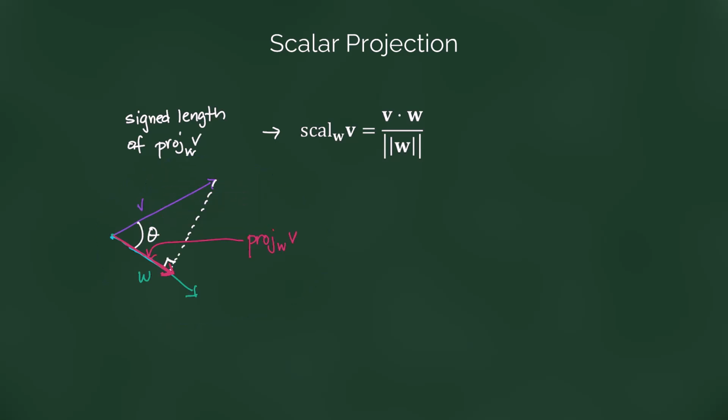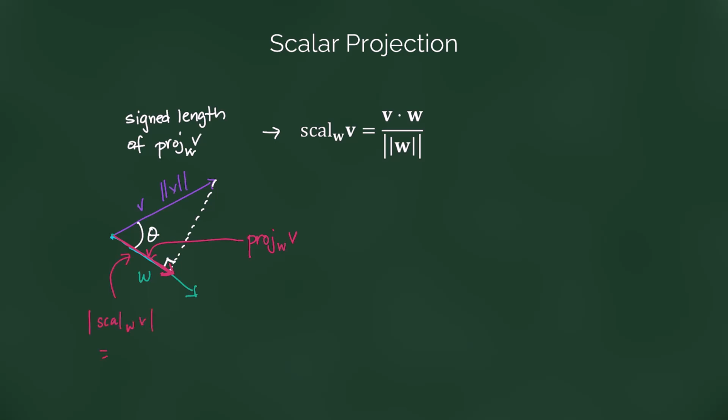We can see in our triangle that we have a right triangle, and so the purple side of the triangle, the length of that side is the magnitude of v. The other side, the pink side, the length of that is going to be the absolute value of the scalar projection of v onto w.